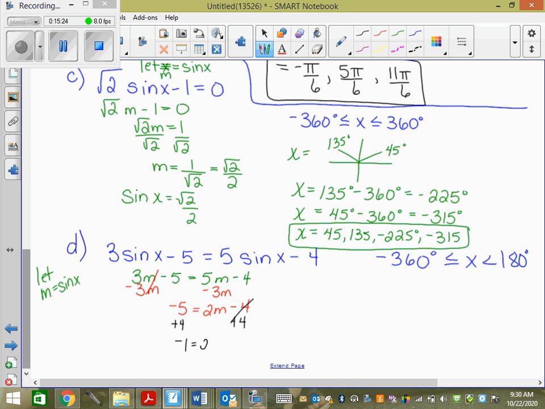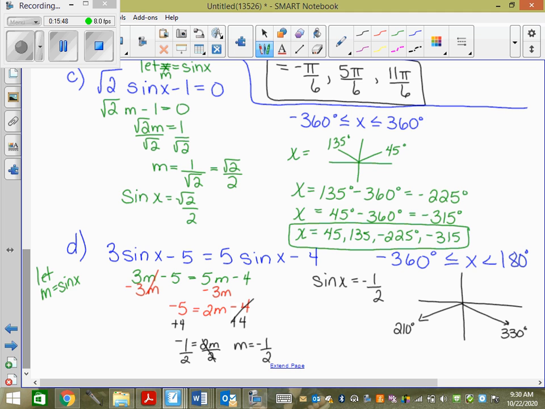Negative 1 equals 2n. Divide by 2. n equals negative a half, which is sine x equals negative a half. Sine x equals negative a half at the 30s, right? So 210 and 330.